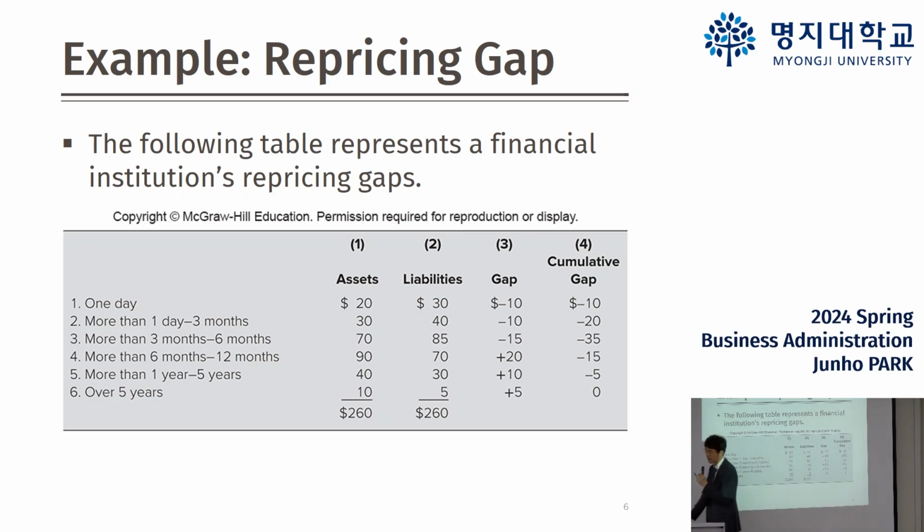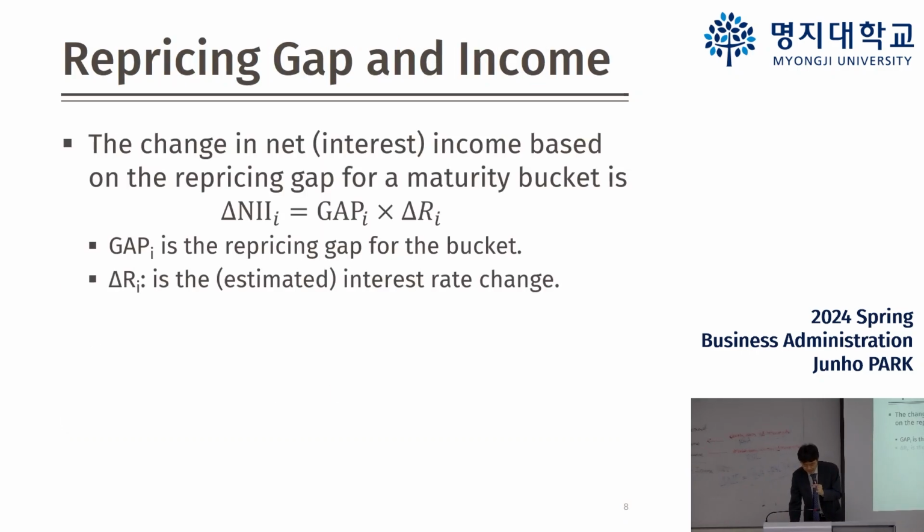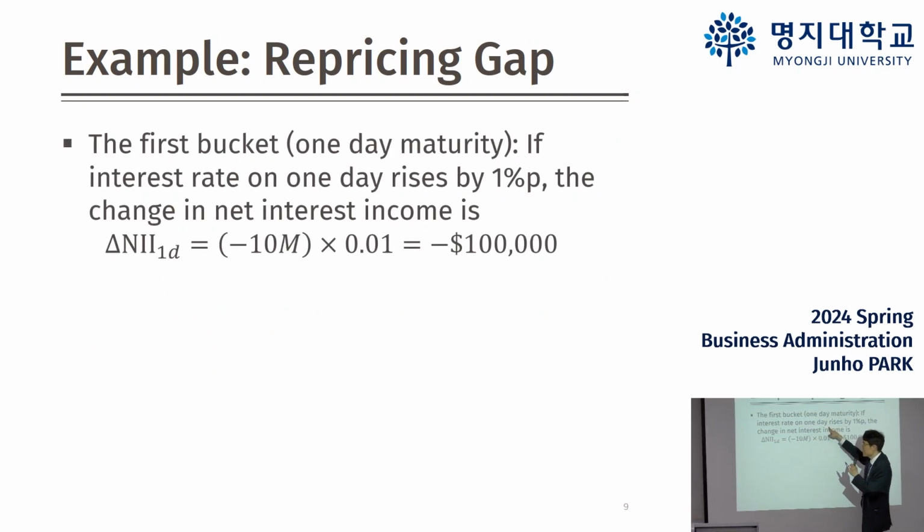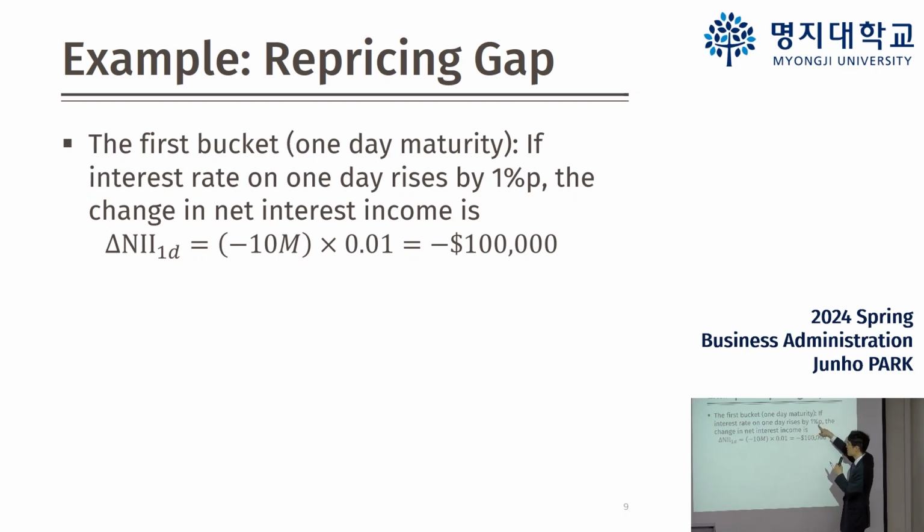And therefore, if we expect that the interest rate will rise by 1% point, the expected change in the net interest income is calculated as the multiplication between the gap and the changed interest rate, which is 1%. So we can get the effect of the change in our interest rate.